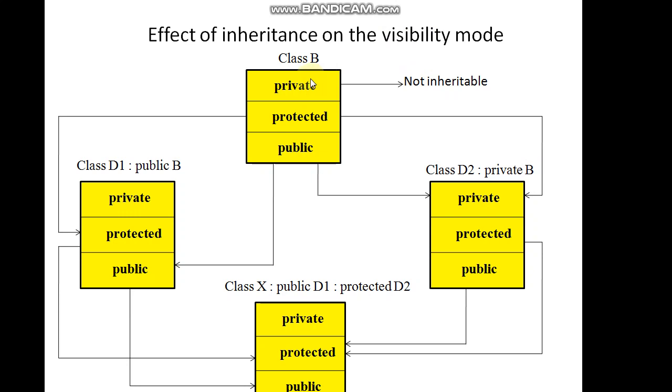The members of the base class are inherited into the class D2 privately. Again, private members are not inheritable. Public members of the base class will become private members of the derived class. Both protected and public will become private members of the derived class.